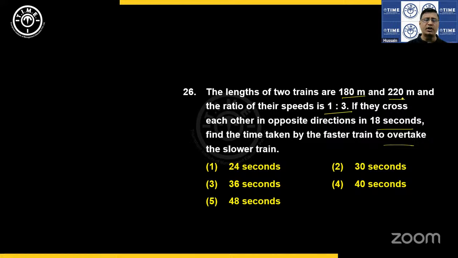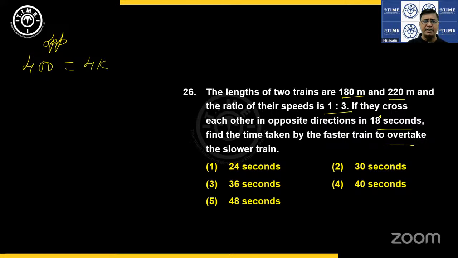180 and 220, the sum of these two is equal to 400. When the trains are moving in the same direction or opposite direction, the sum of the lengths of the two trains is the distance. So they are moving in the opposite direction. Okay, 400. Now what about the speeds here? 1k and 3k, that is 4k.